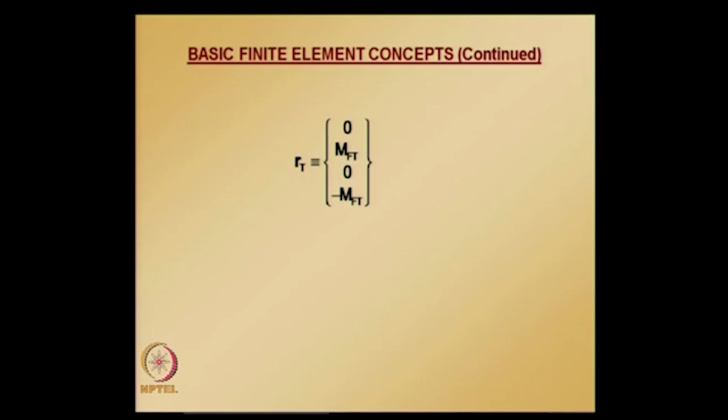using the sign convention that we adopted for nodal forces and moments. Nodal forces are 0 and nodal moments are coming from the fixed end moment because of restraining the deformation of this beam element.